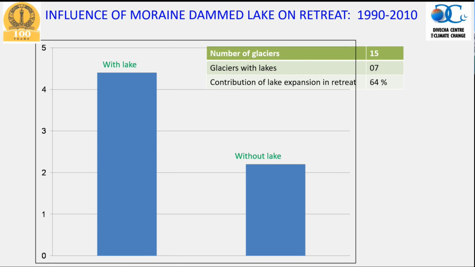All these things are going to change the fate of Himalayan glaciers much more dramatically than what climate models and the current methods of estimating glacial change suggest.